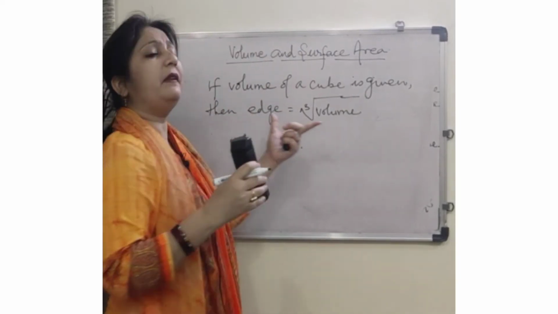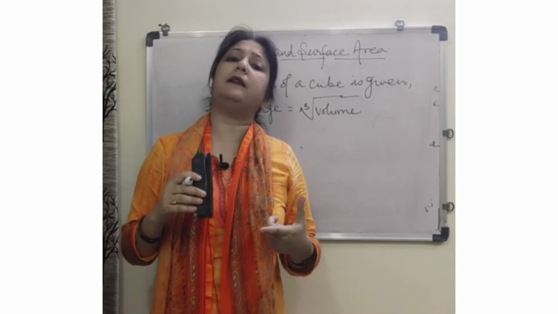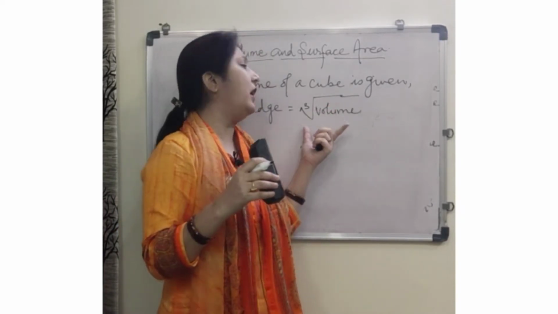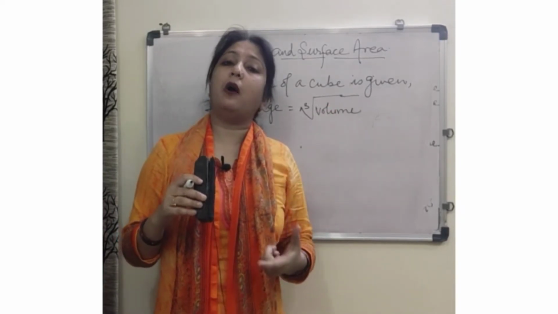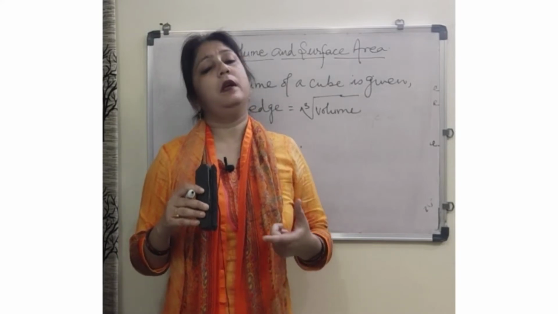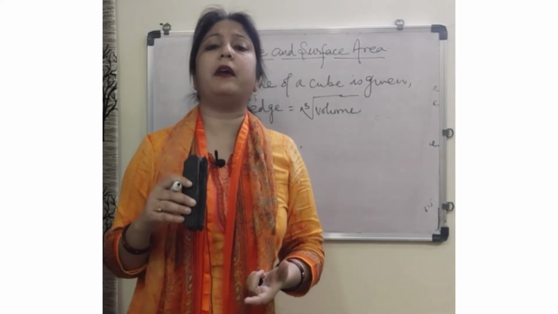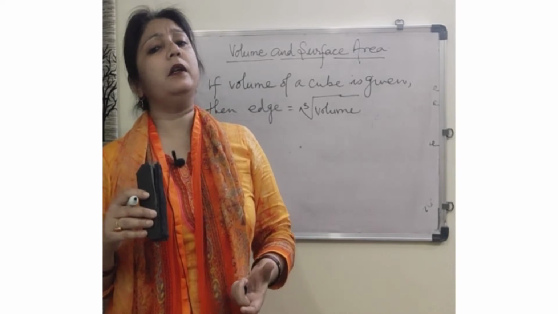Means if volume is given and you want to calculate its edge, you will find out the cube root. You know how to calculate cube root? You can use the method of prime factorization and get the cube root.